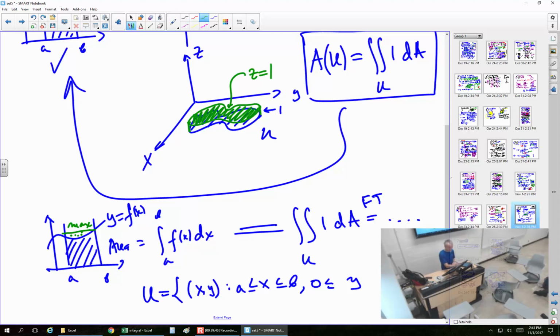So what should we write here? Not the average. U is not going to be a rectangle. If you put numbers over there, it is going to be a rectangle: x between two limits, y between two limits. So the simple answer is f of x.